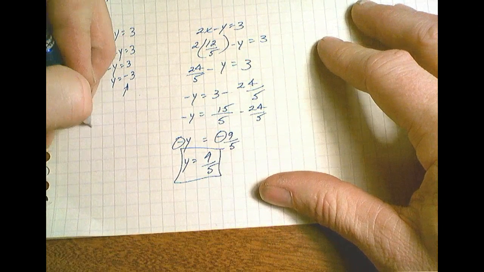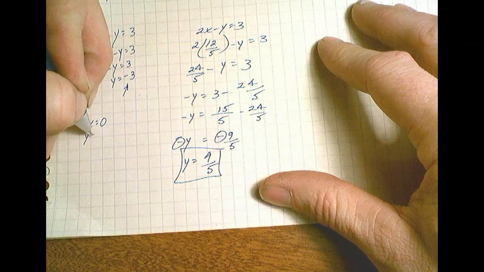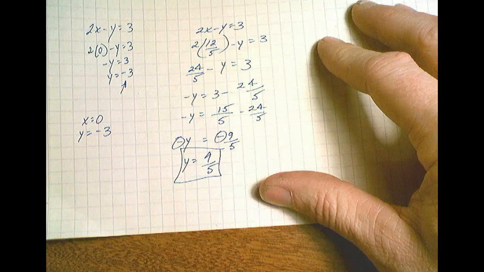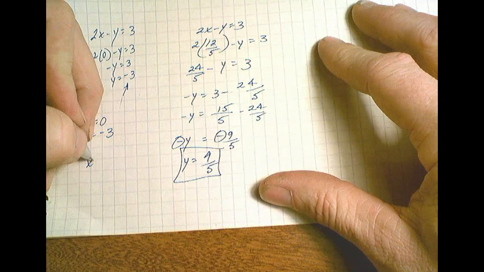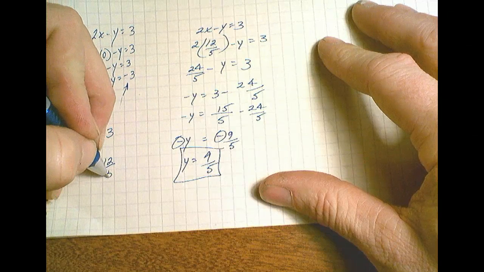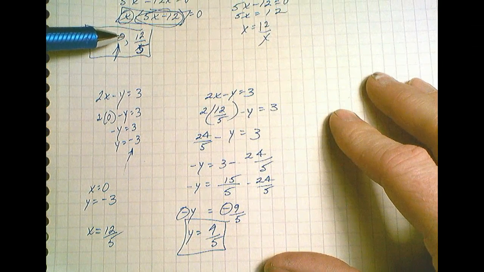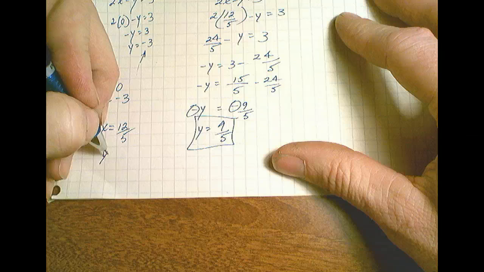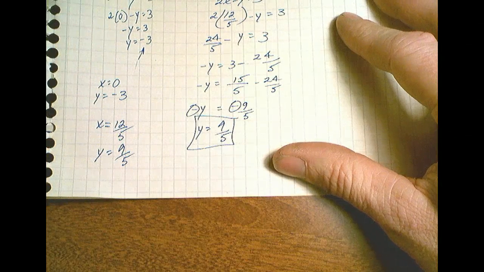When x is 0, y is negative 3 from up here. When x is 12 over 5, like we had up here, y is equal to 9 over 5.